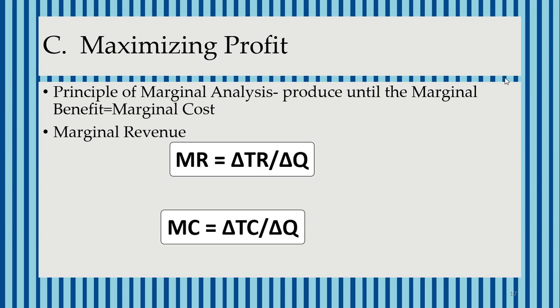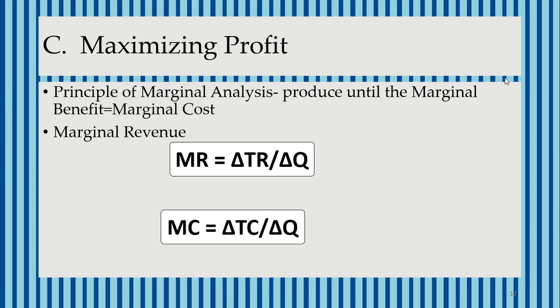We can find marginal revenue. It is the change in the total revenue over the change in the quantity, just like marginal utility is the change in the total utility over the quantity, just like the marginal product is the change in the total product over the change in the quantity of labor, or the quantity of that input. Same basic concept, we just change around the context and what we're actually referring to.